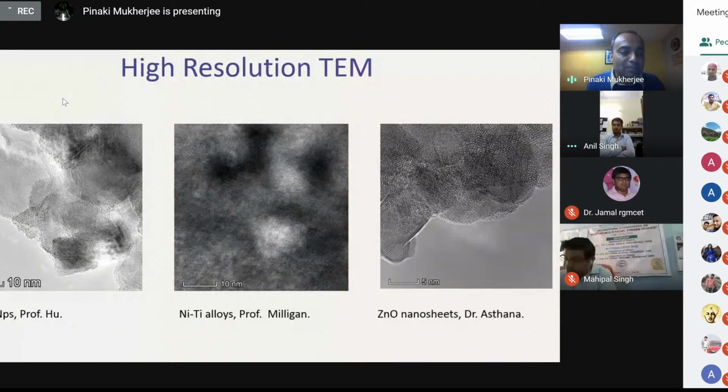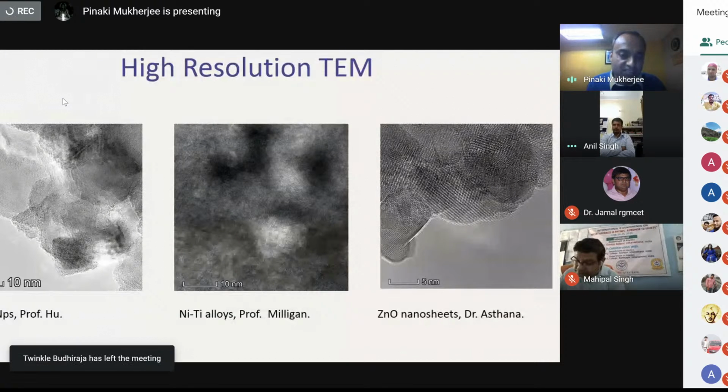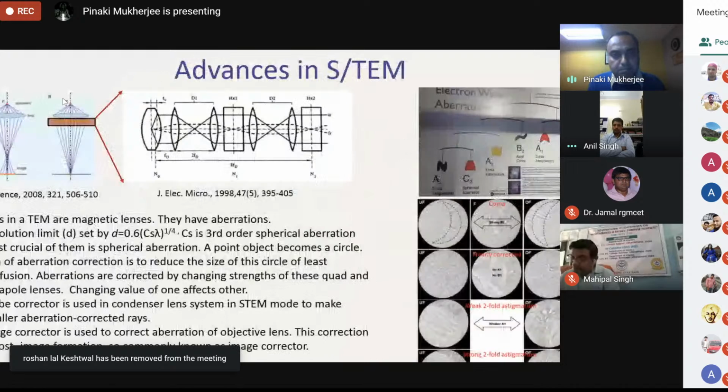Unless the samples are beam sensitive, where we cannot use STEM, we still use these high resolution TEM techniques. But most of the high resolution materials research has moved on to STEM because of the advantages that I told you about in the previous slide.